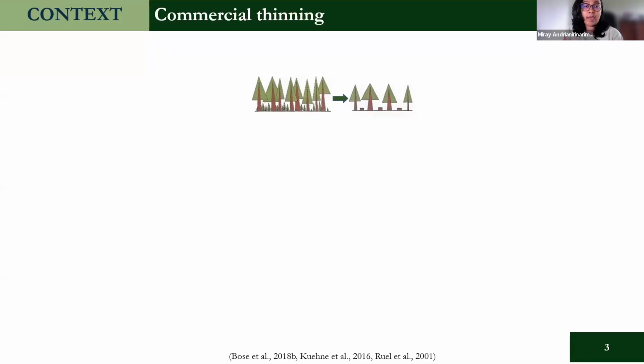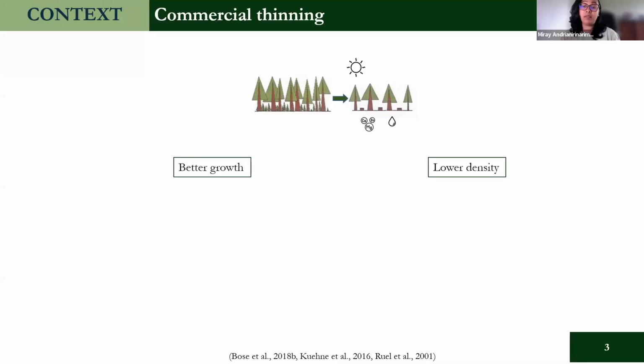In this way, we are reducing the competition for light, water, and soil nutrients, so it is expected to stimulate the growth of the residual trees. However, several studies have reported that thinning can increase tree mortality due to greater exposure to wind, which can be worse in the eastern region of Quebec, which is more prone to windfall.